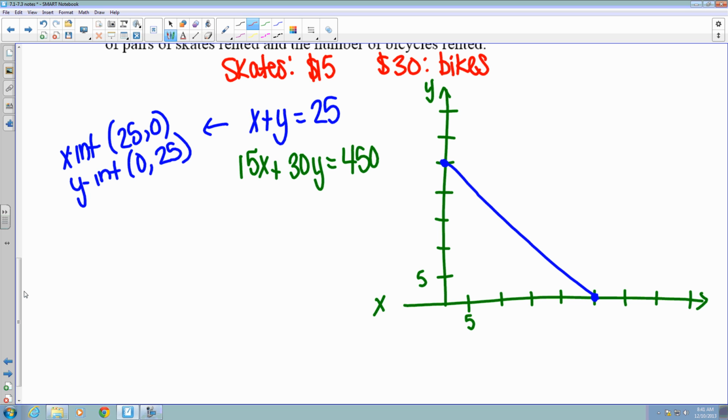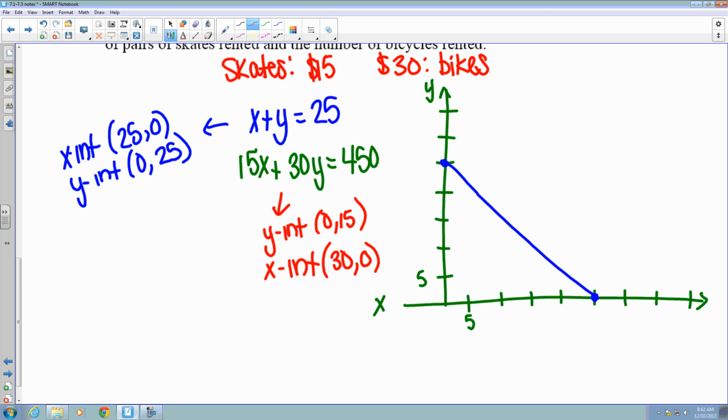Okay, and then our other one, probably want to use the intercept method on that one as well. So if I put a 0 in for the x to find the y-intercept, that's 450 divided by 30. 450 divided by 30 is 15, so that's our y-intercept. And the x-intercept, same thing, if you do 450 divided by 15, you'll get 30.